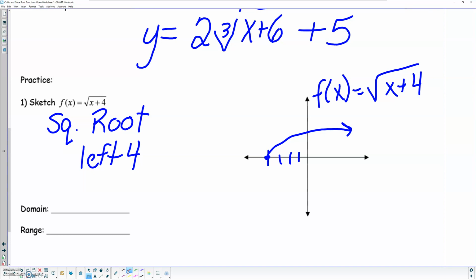Okay, so domain, how far left and how far right your graph goes. My domain, my x values begin at -4, so x is greater than or equal to -4. And my range, how high or how low my graph goes, the minimum y value is 0, so y is greater than or equal to 0.